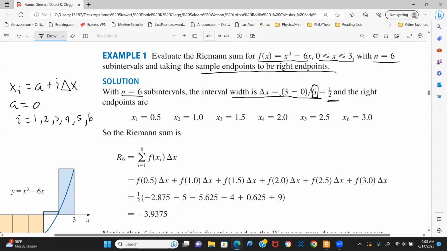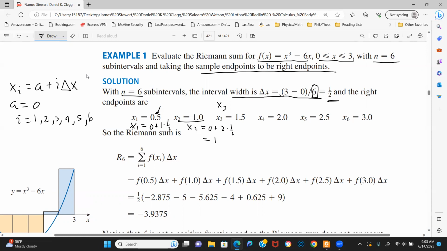So then x1 will be equal to 0 plus 1 times 1/2, which gives you 0.5. x2 can be equal to 0 plus 2 times 1/2, which is 1, so that makes sense.